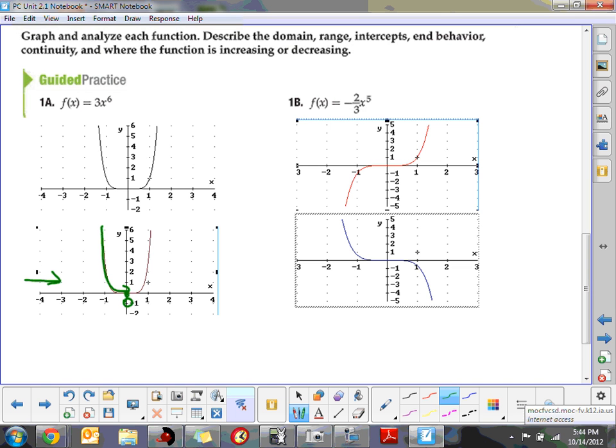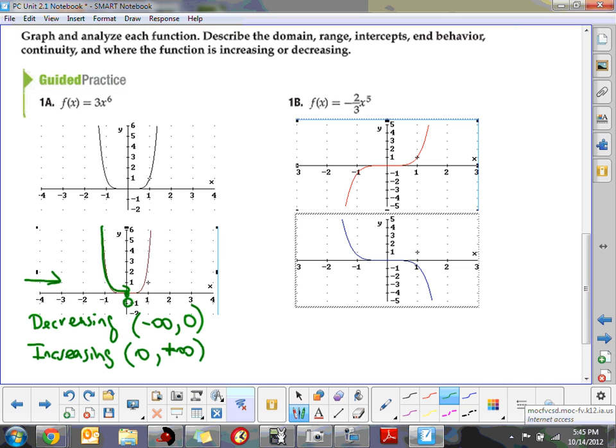So we're going to describe this as decreasing as we go from negative infinity to 0. We're not going to call 0 part of the decreasing interval because that's where the transition is taking place. It's going to be increasing, though, from 0 to positive infinity.